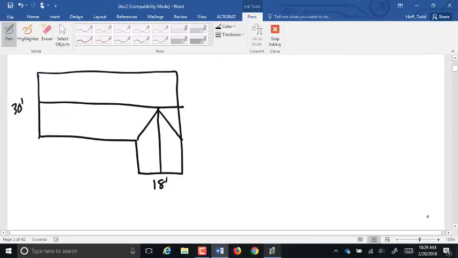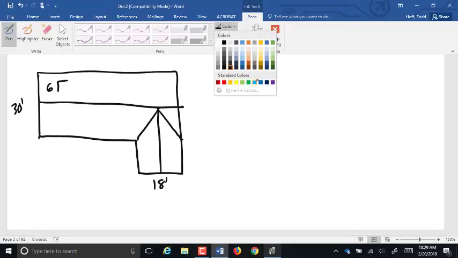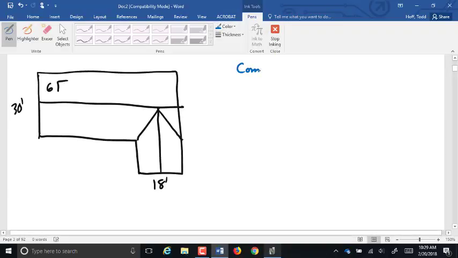So looking at this one here, let's say I'm going to tell you that the main roof here is a 6/12 slope. These valleys are actually exactly the same as a hip calculation. So let's take a peek here. We're going to start out with the common. Our common rafter has a span of 30 feet, a 6/12 slope.